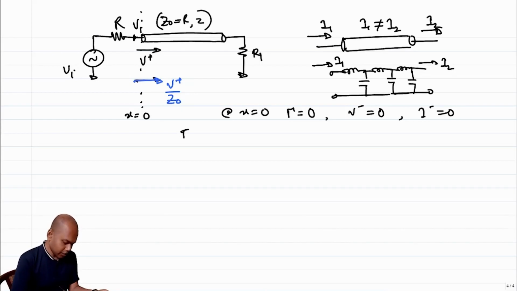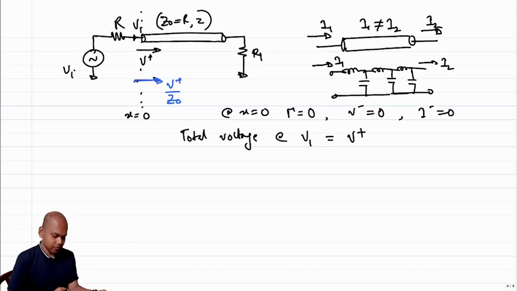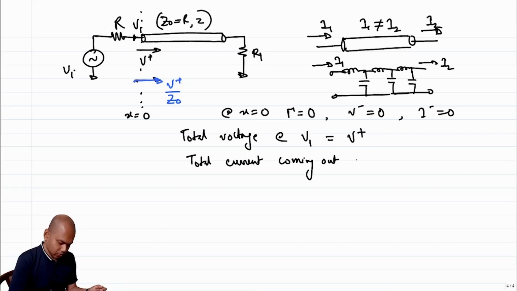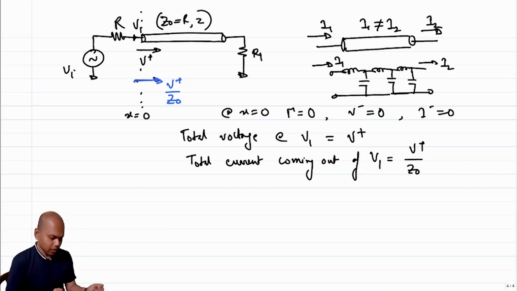The total voltage at V1 is equal to V plus. But if I want to express V plus in terms of Vi, I need another condition, and that condition comes from the current, because the total current coming out of V1 is equal to V plus by Z0, right?